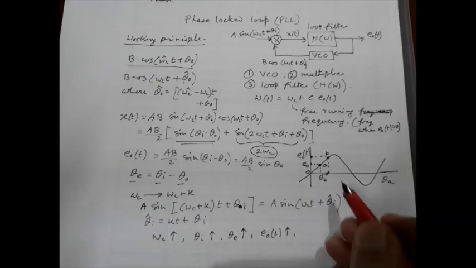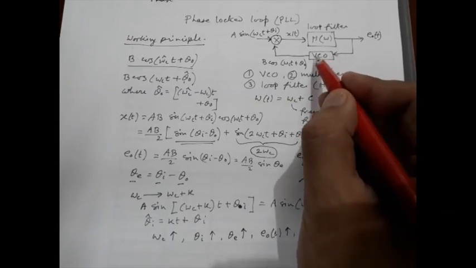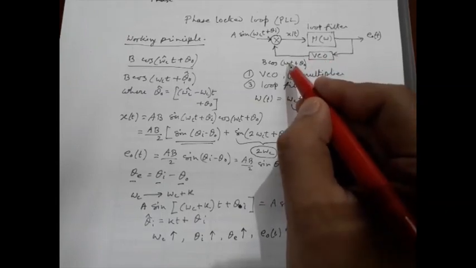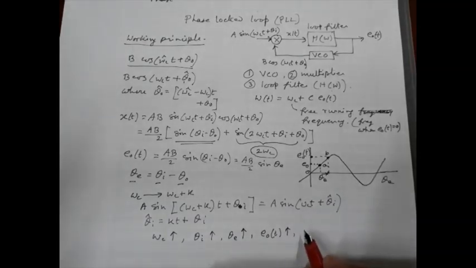Since E0(t) is connected to the VCO input, the VCO input voltage is increased. That will increase the frequency from the original frequency of omega c. So VCO frequency will also get increased.